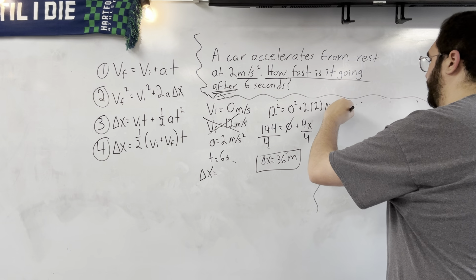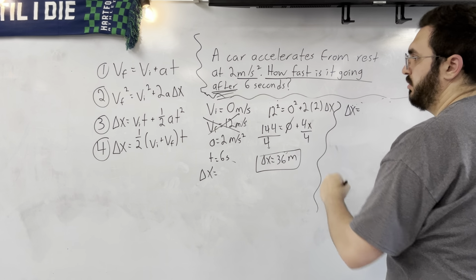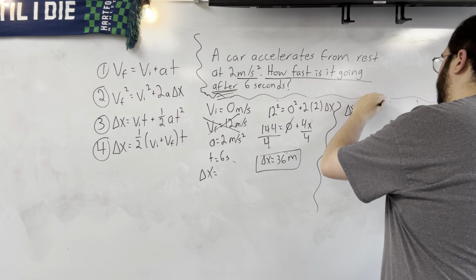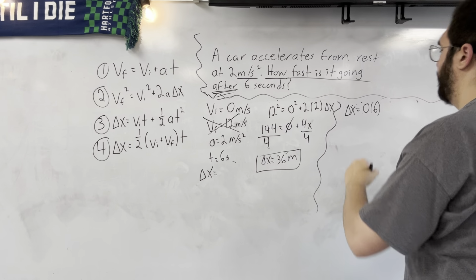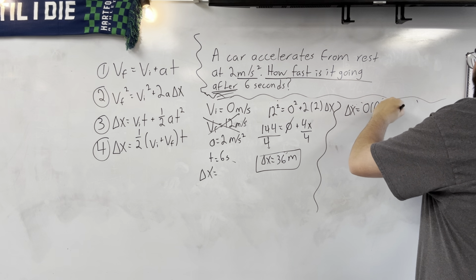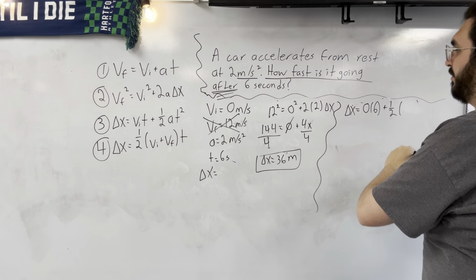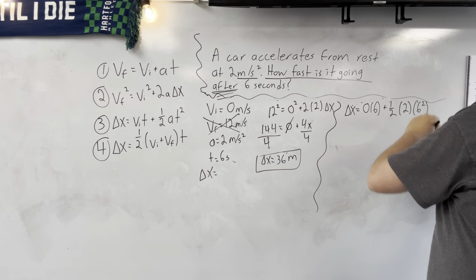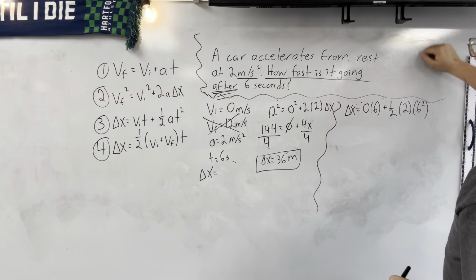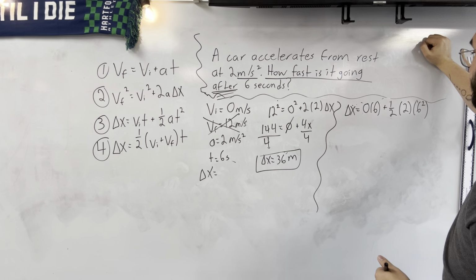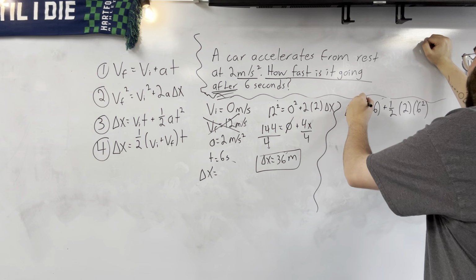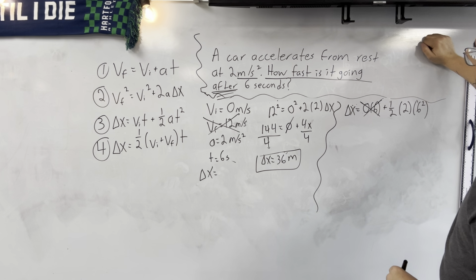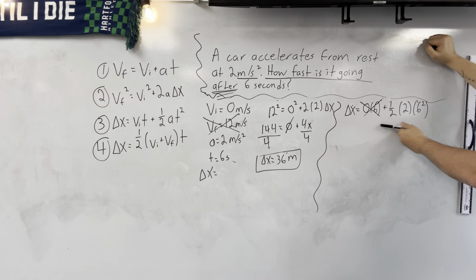Okay, delta x, that's what I'm trying to solve for, equals VI, 0, times 6, okay, our time, plus 1/2 our acceleration of 2 times 6 squared. Now, immediately, I know that 0 times 6 is going to be 0, because 0 times anything is 0. So we just get rid of that. And then I'm left with this little mess to solve over here.